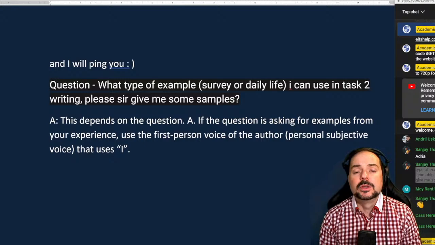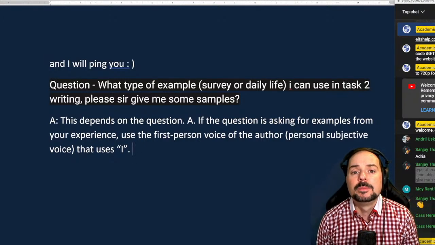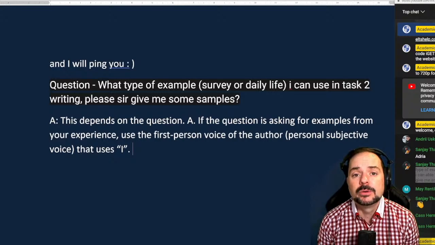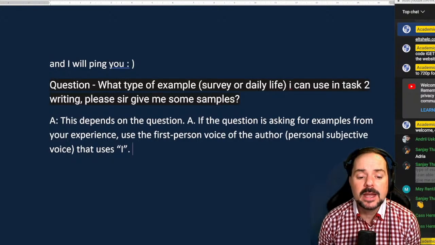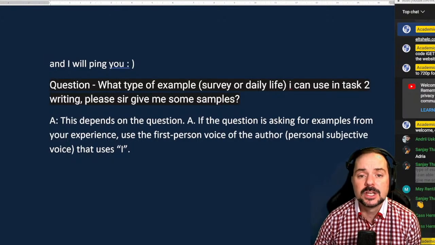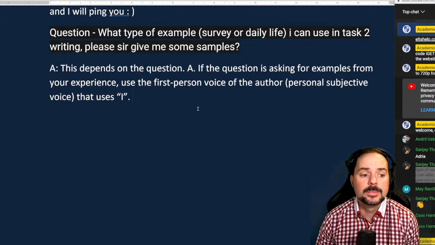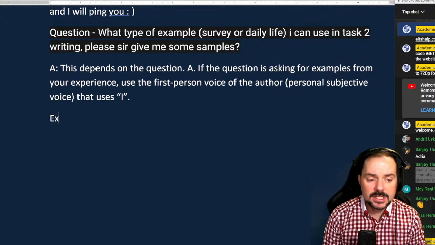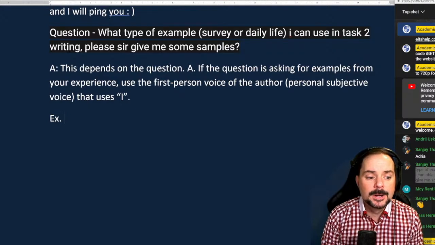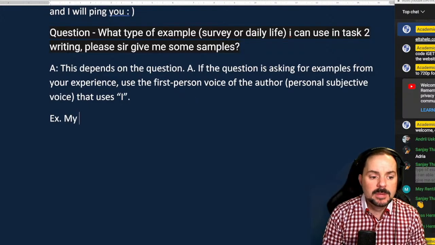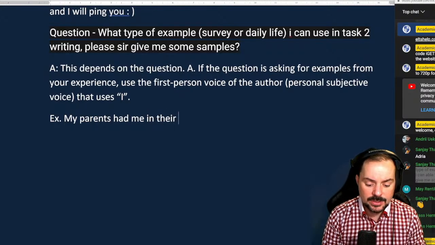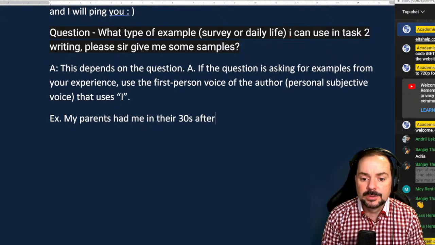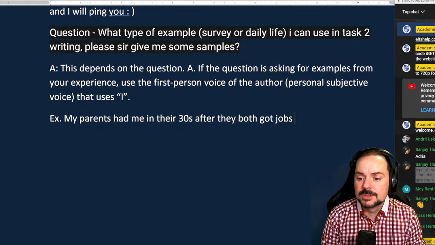For example, we looked at that essay a little bit earlier this week about people who choose to have children later in life. So if that question asks you, Sanjay, use examples from your own experience, then you could say an example like, my parents had me in their 30s after they both got jobs as a doctor and lawyer.